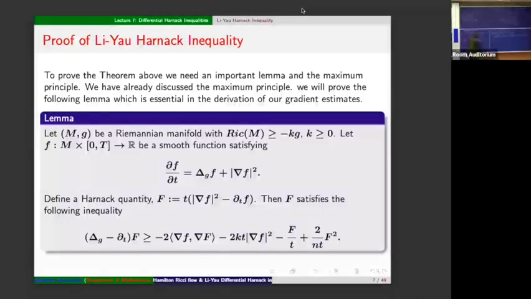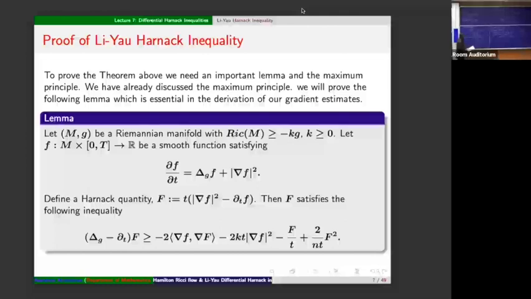And again, there's something we know here. If you apply the Cauchy-Schwarz inequality, you can easily see that the Hessian of a function squared is greater than or equal to 1 over n of the Laplacian of f squared. So this is a simple computation from the Cauchy-Schwarz inequality.